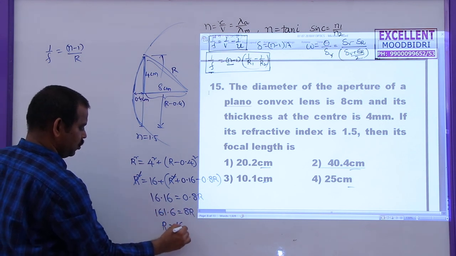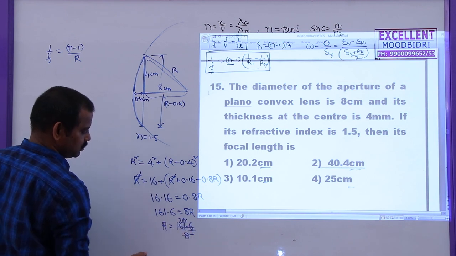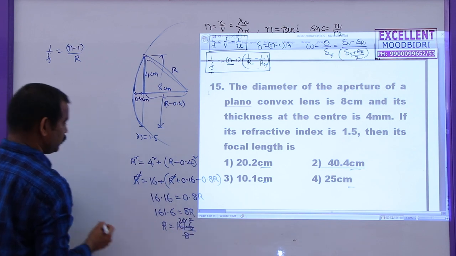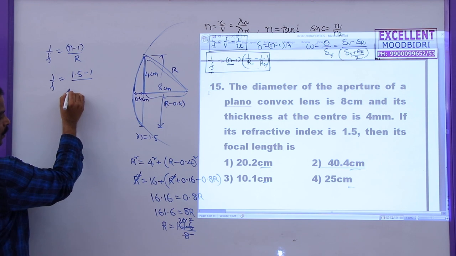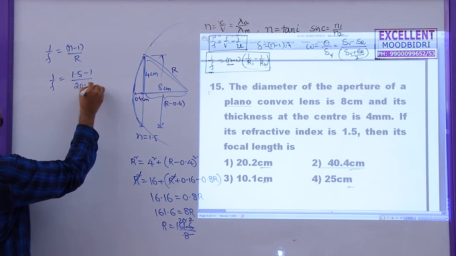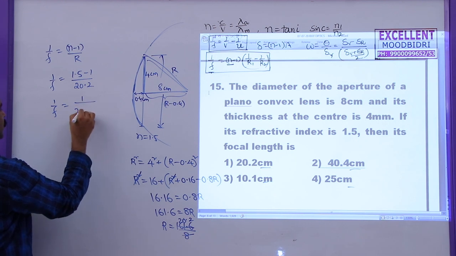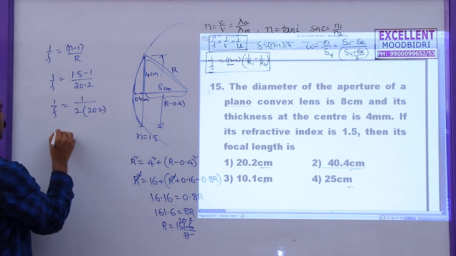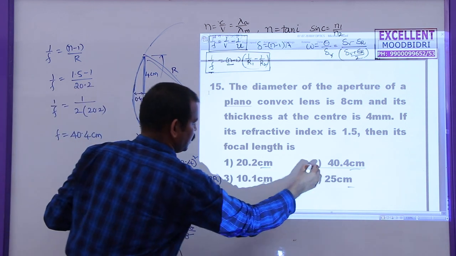R value is 161.6 by 8, which is 20.2. So 1 by f will become 1.5 minus 1 by r value 20.2. 1 by f is equal to 0.5, so this is 1 by 2, 20.2. The focal length of this lens is equal to 40.4 centimeters. Option 2 is correct.